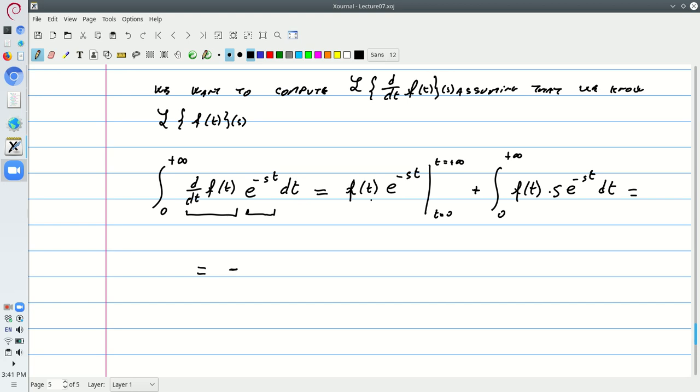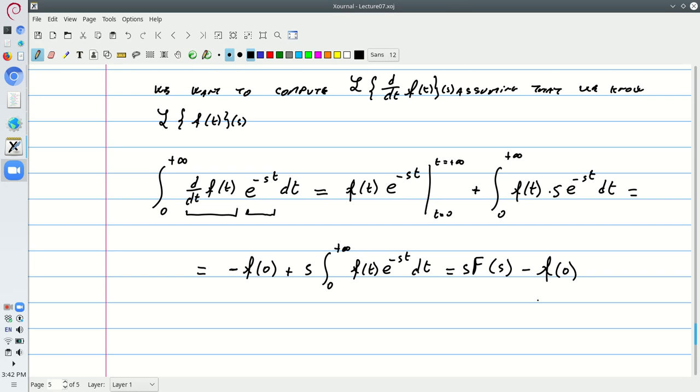The exponential is equal to 1, so we are only left with f computed in 0, plus, now this s is a constant with respect to t, so it comes out. So we are left with the integral from 0 to infinity of f of t exponential of minus st dt, and this is the Laplace transform F of s. So we have that this is given by F of s multiplied by s minus f in 0.